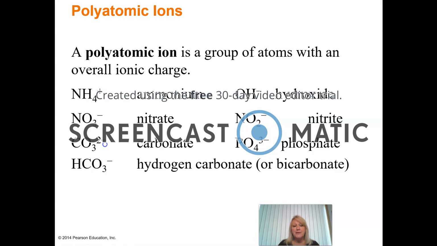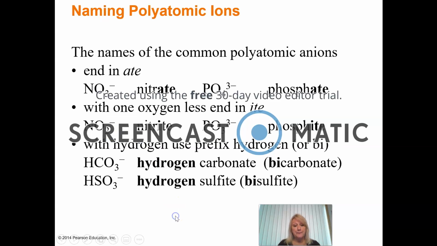The special thing about that is, when we get to writing the actual formulas, if we end up needing more than one of that polyatomic ion, we have to use parentheses around the entire polyatomic in order to keep it separate and show that any subscript that we add applies to the entire unit.